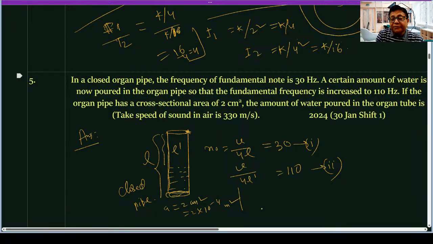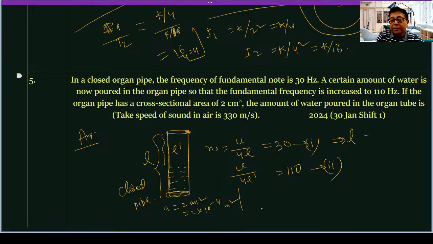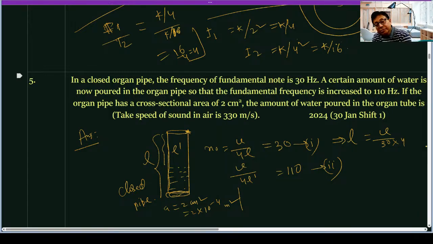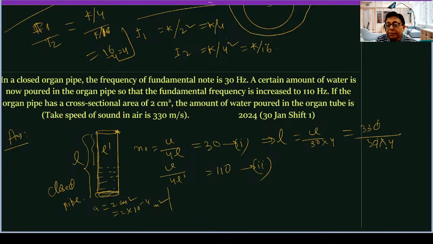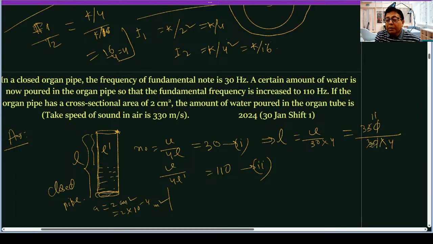So find L from there first. V by 30 into 4, isn't it? V is what? 330. That divided by 30 into 4. That is 11 by 4, is the length in the first case.